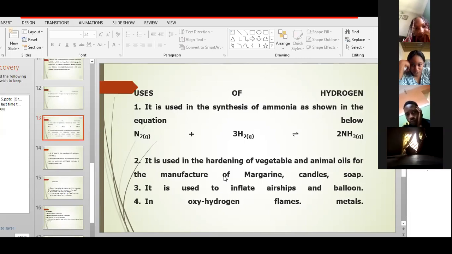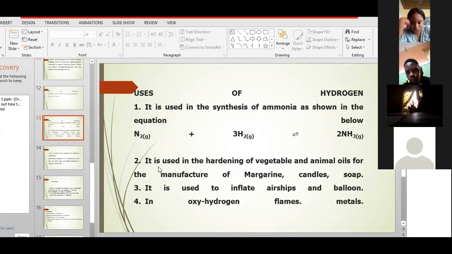Number 3, hydrogen is used to inflate airships and balloons. Number 4, hydrogen is used in the manufacture of oxyhydrogen flames for cutting and welding metals in industry.